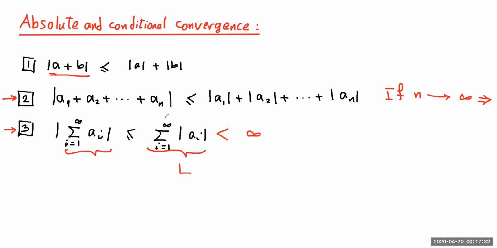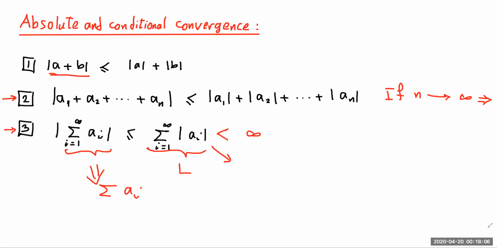So if the series in absolute values converges, my series here converges, and so sigma AI converges. In this case, I will call sigma AI converges absolutely. And if sigma AI converges, but this one is infinity, it converges conditionally, not absolutely.